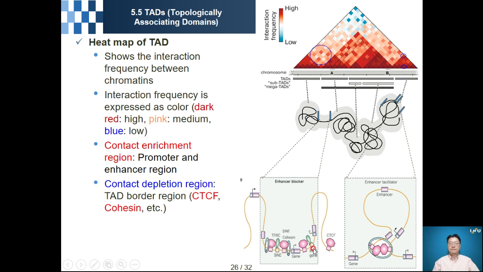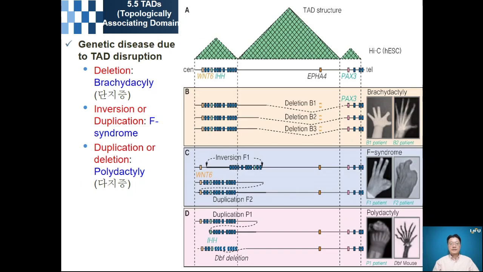In this slide, I will explain the genetic disease due to TAD disruption. This is one example. One chromosome is composed of the centromere region and the telomere region. Between the centromere and telomere regions, there are lots of genes, for example the Wnt6 gene and the IHH gene, and the EPHA4 gene and the PAX3 gene.